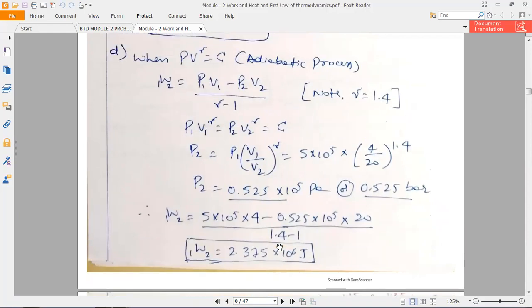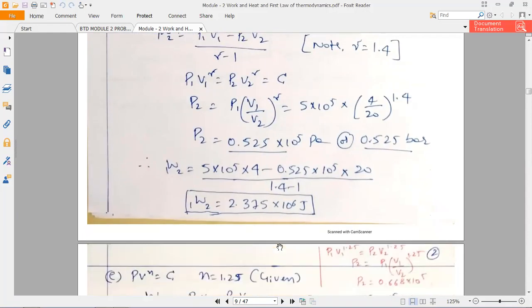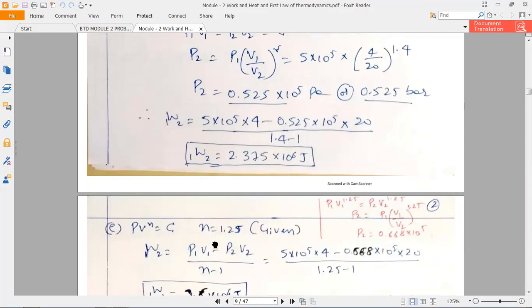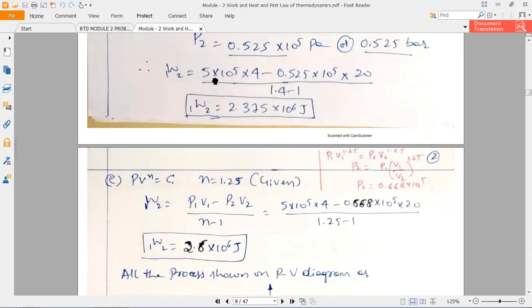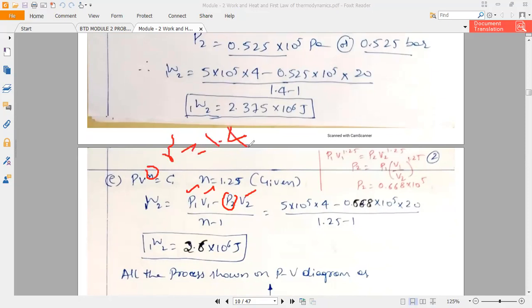Next, the adiabatic process is done. Next, the polytropic process, where the n value is given. Exactly similar to the last one. Here also we have to find out the P2 value. We know P1, V1, V2. In the last case n was gamma, that is 1.4, but now the power n is 1.25.